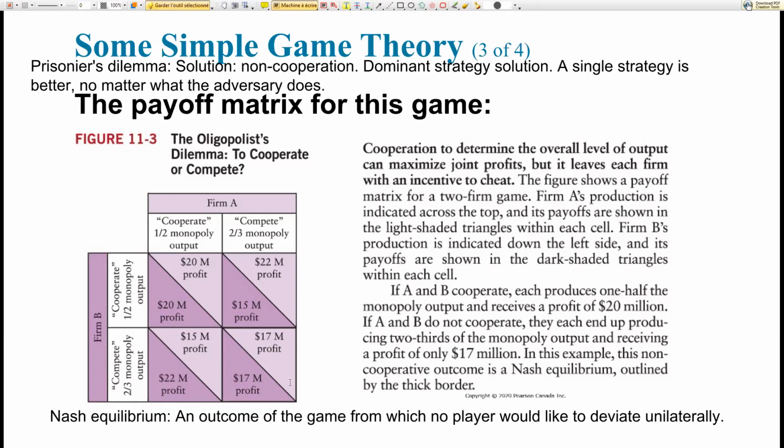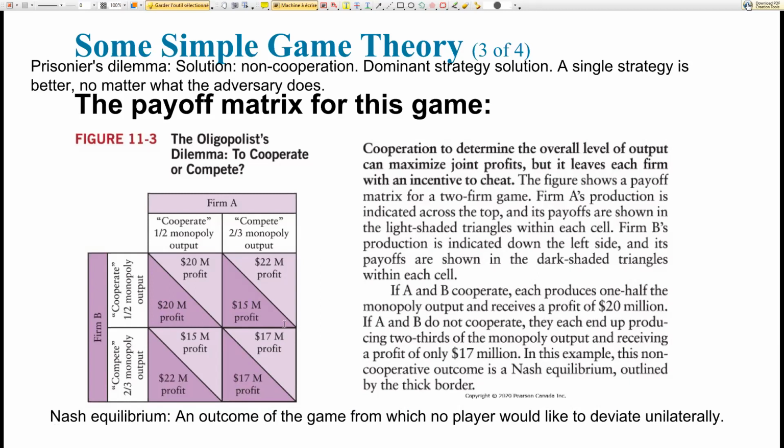Later on you're going to learn the notion of Pareto efficiency or Pareto outcome. Some outcome of the world is Pareto efficient if it's impossible to make one person better off without making another person worse off.